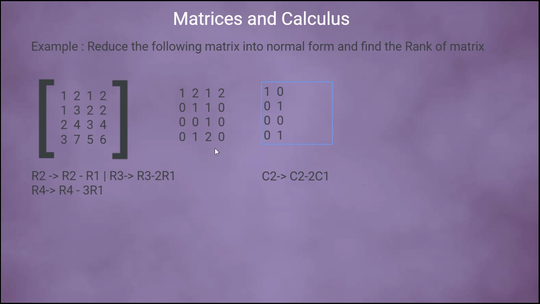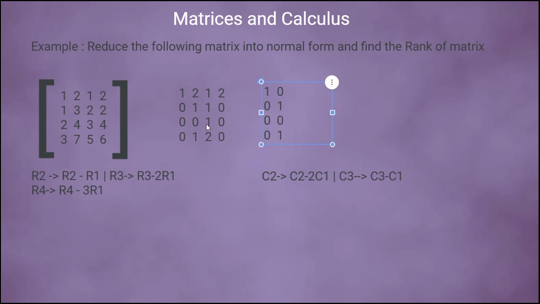And next, what can we do? Here we are having C3. C3 minus 1 minus 1, 0. So we can make C3 implies C3 minus C1.